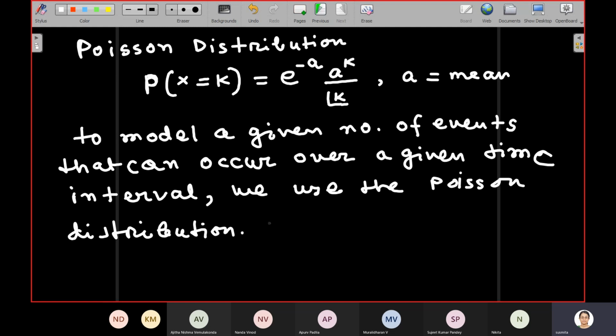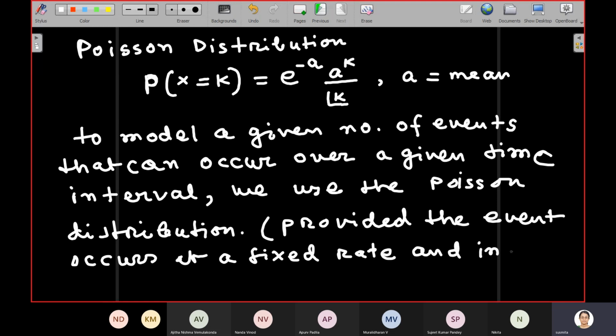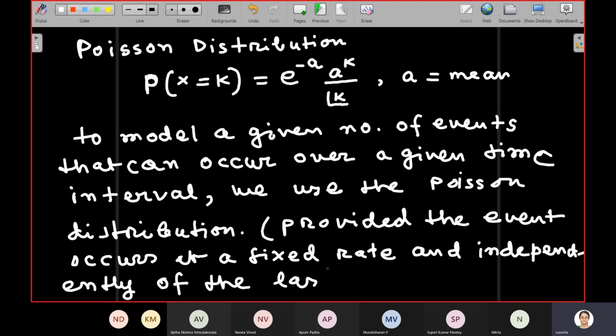Now, we can use this distribution provided the event is occurring at a fixed rate, and independently of the last occurrence.